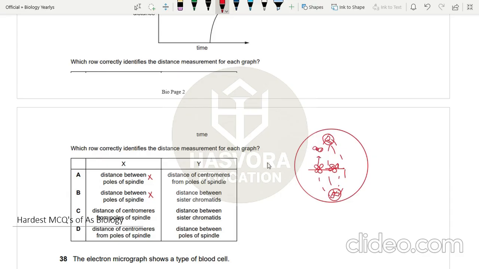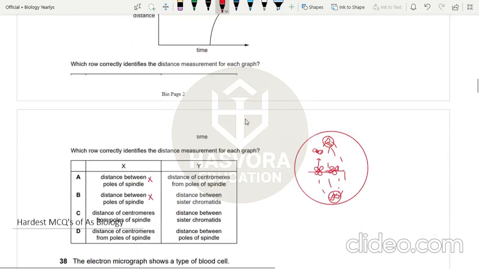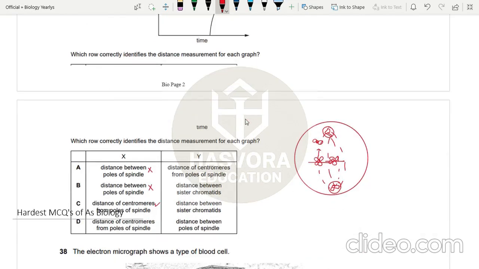So the distance between the centromere and the pole will decrease. Okay, so when we look at the x, it matches the graph. So these two can be correct. Let's have a look at the y. Y says distance of centromere from pole of the spindle. We have looked at it that it decreases, it did not increase. So this will be wrong.